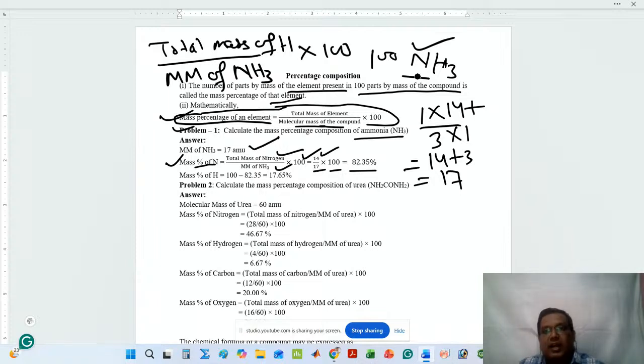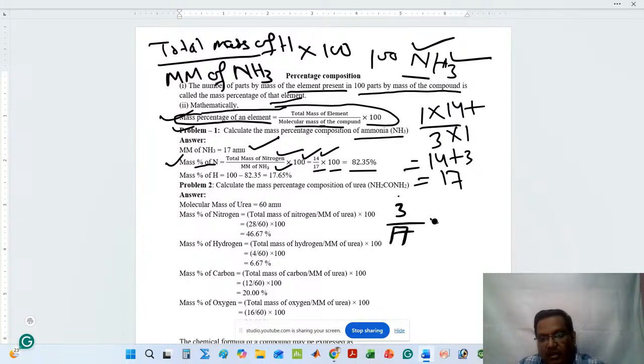Here, three hydrogen atoms are present. So total mass of hydrogen is 3, divided by the molecular mass of NH3, that is 17.